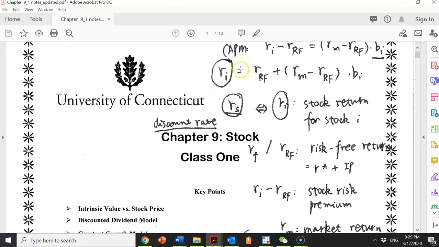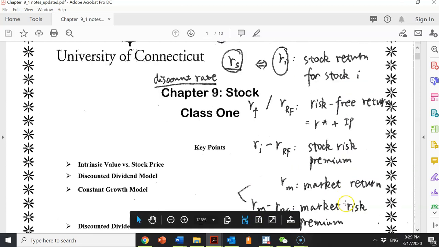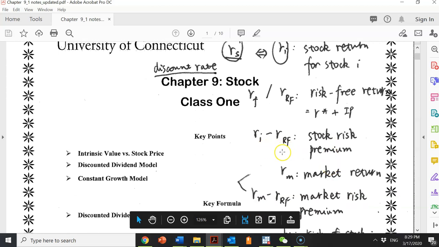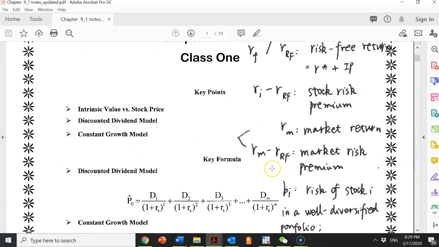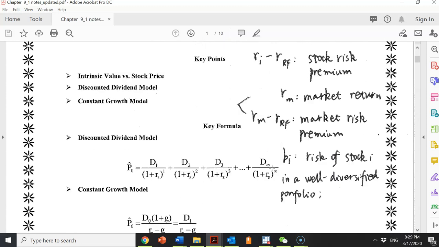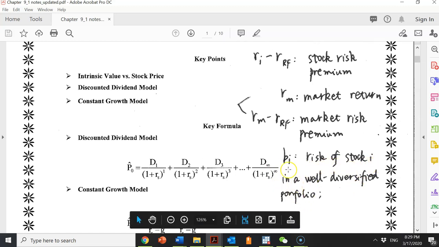And for getting this RI, we need to know risk-free rate, RRF, or we can use RF to denote this measure, and it equals R star, the real risk-free rate, plus IP, inflation premium. And we also know that stock risk premium equals RI minus RRF. Market return is RM. Market risk premium is RM minus RRF. And beta is the risk of a stock i in a well-diversified portfolio.